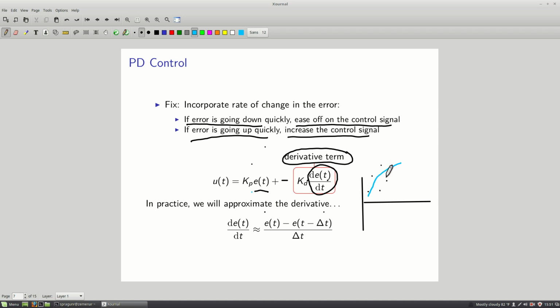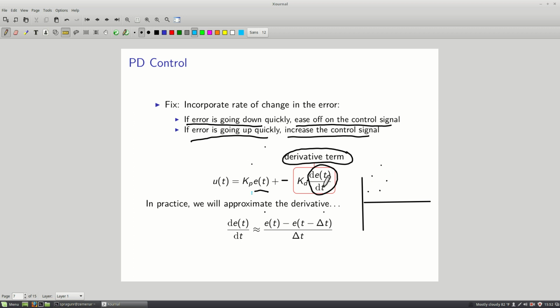But we're getting noisy estimates. We're getting noisy readings from some sort of sensor. And if we use those noisy readings to estimate the derivative over time, what we're going to see is a derivative that looks like this on this time step, like this on this time step, a large positive derivative, then a large negative derivative, then a large positive derivative. So the derivative is going to be bouncing around like crazy, and that's going to make our controller behave erratically. So that's just something to be careful of.